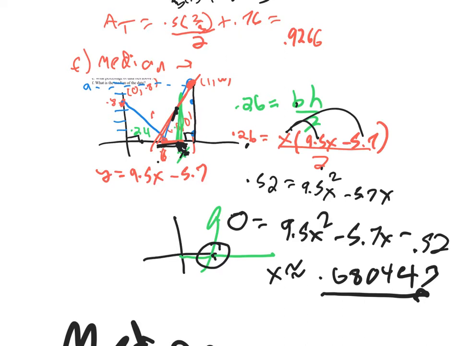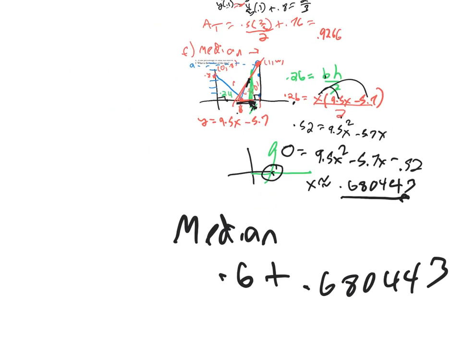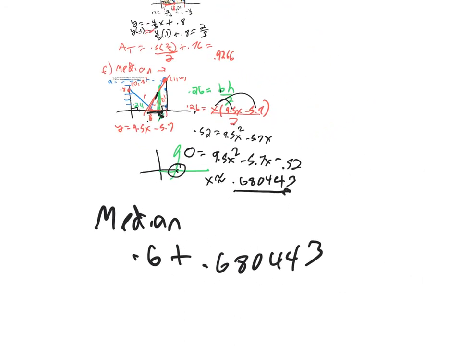Well, let's test it out, just for kicks. Take that answer, times it by the height that we had. Well, we didn't plug it in. I'm going to see if that is actually giving us the total area of 0.5.